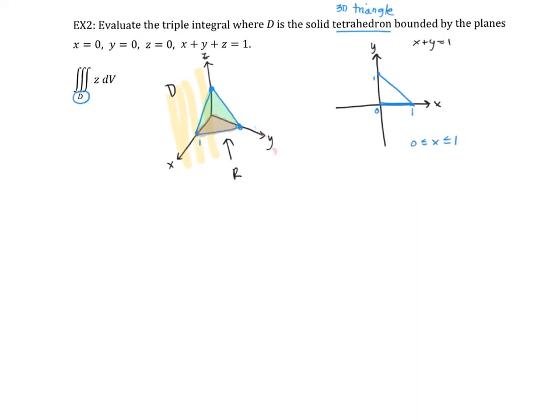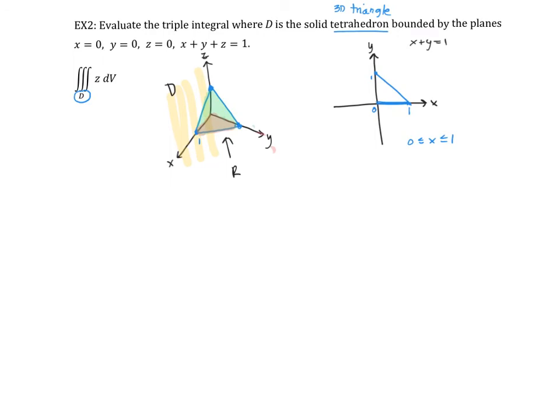Now if I look at my y values, if I draw a line parallel to the y-axis, I start at 0, and then on this slanted line, that would be my largest y value. So I'm going to take that equation, x plus y equal to 1, solve it for y, to get y equal to 1 minus x, which means my limits of integration for y go from 0 to 1 minus x.